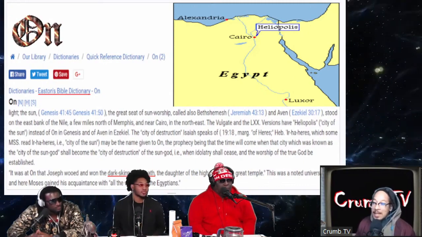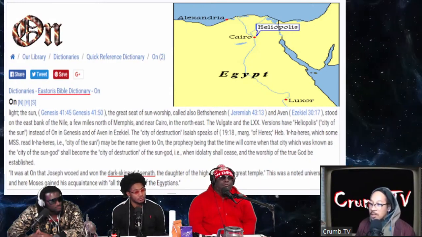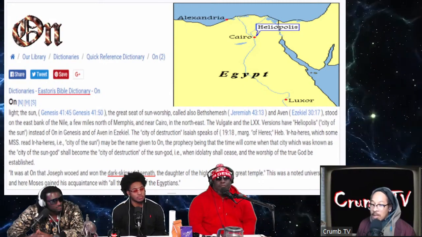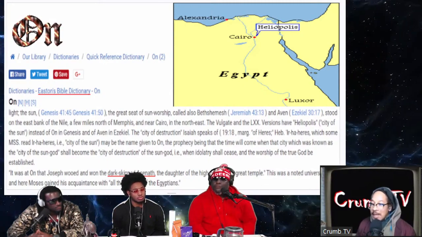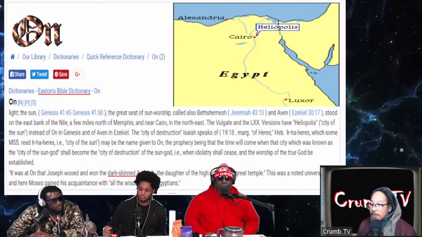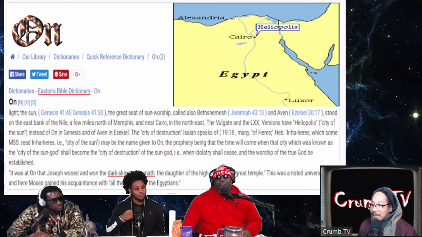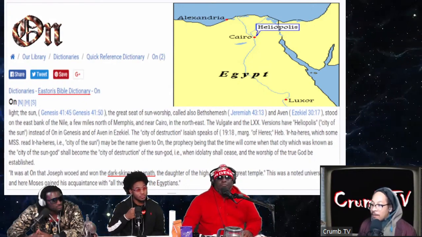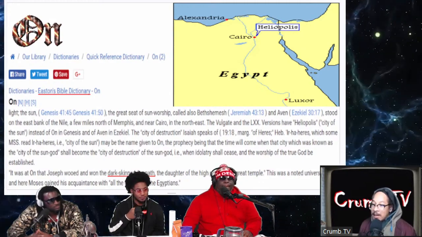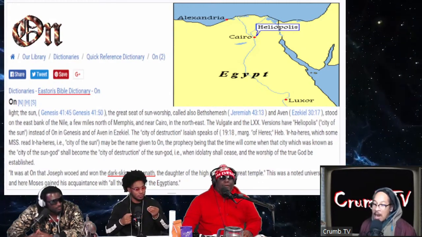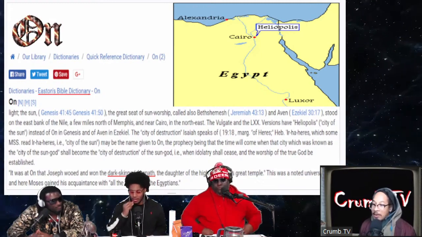The great seat of sun worship stood on the east bank of the Nile, a few miles north of Memphis and near Cairo in the northeast. The Vulgate and the Septuagint versions have Heliopolis, the city of the sun, instead of On. So Heliopolis is the Greek, and On is the Hebrew.